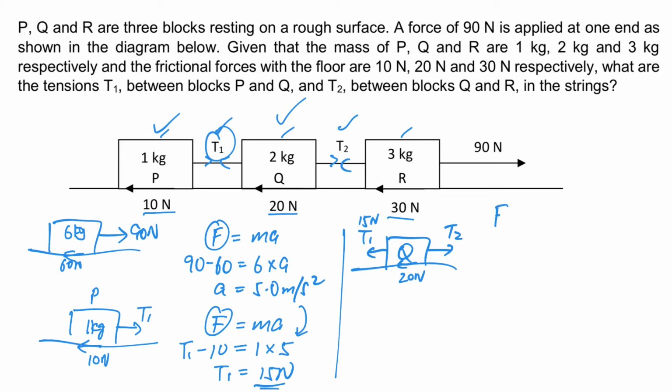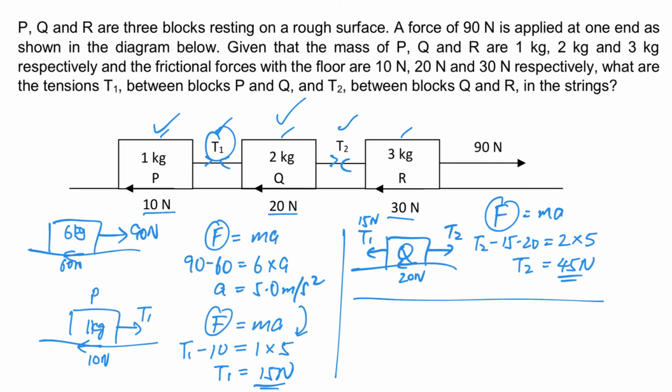So I'm going to apply my F equals ma, where F is the resultant force, so it will be T2 minus away T1, which is 15, minus away the frictional force 20, and the mass of Q is 2 kg times the acceleration, which is 5. So from here we can solve, and we can find T2, which is equal to 45 Newton.